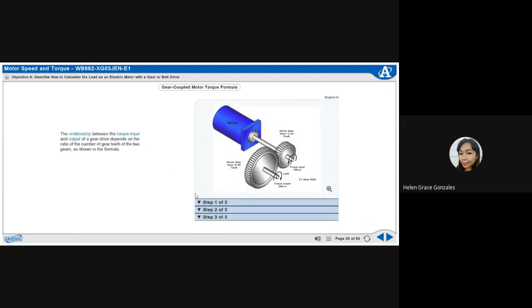The relationship between the torque input and output of a gear drive depends on the ratio of the number of gear teeth of the 2 gears, as shown in the formula. Using this formula, you can calculate torque that is delivered to the load through the gear system.